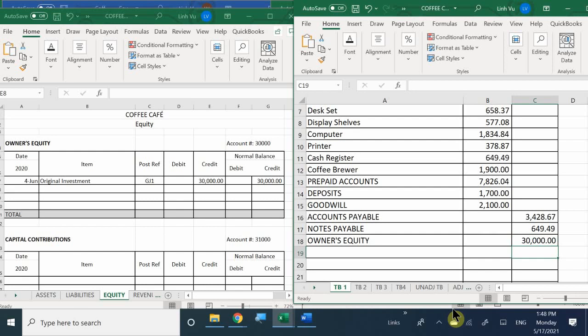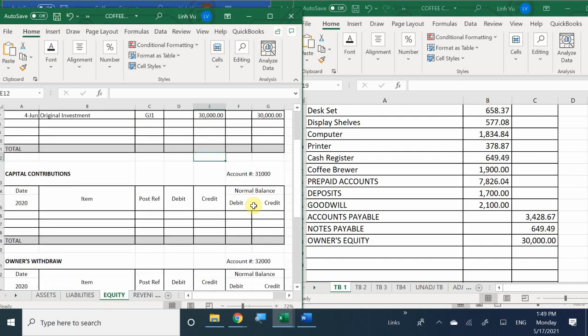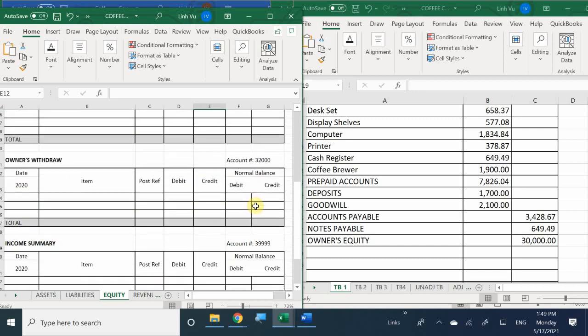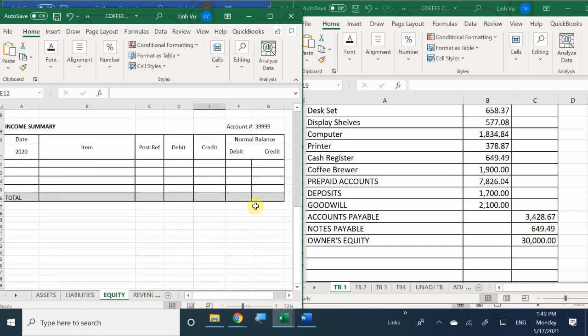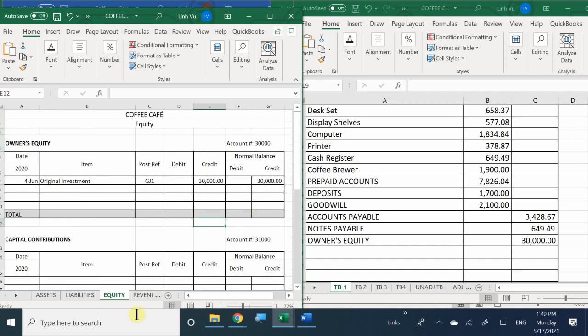And because it's always going to be on the credit side, my company is right now existing at 30,000. That's what it's worth. Okay. No capital contributions, no owner's draw, and no income summary. So nothing else here, right?